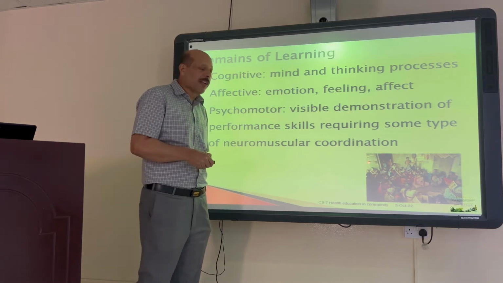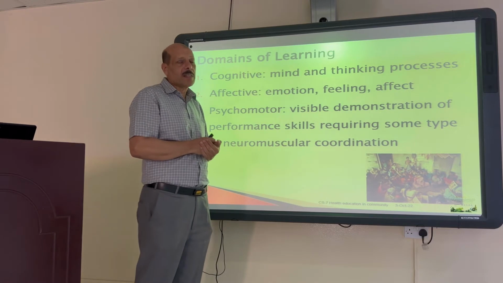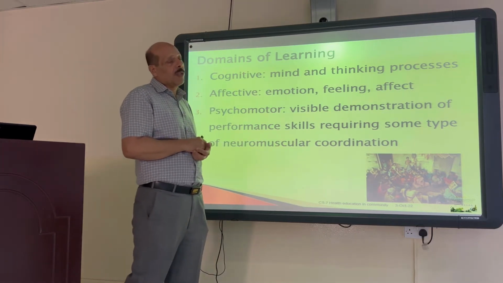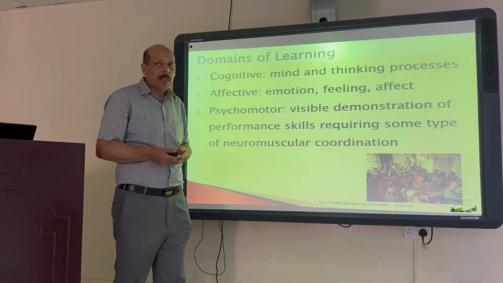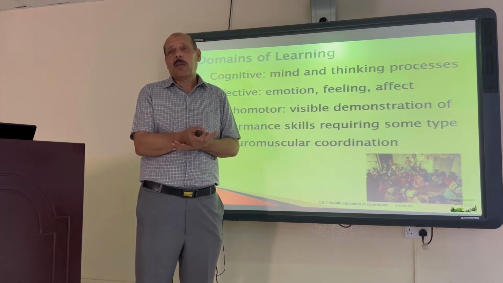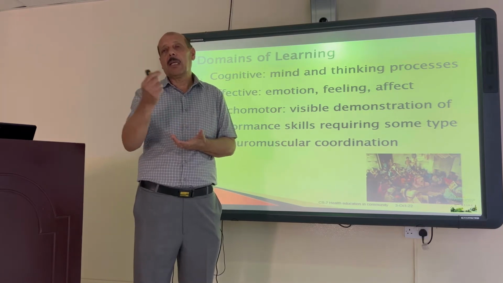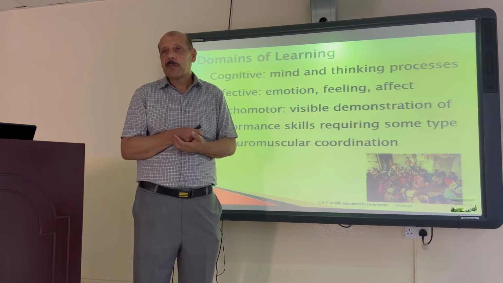So visible demonstration of performance of skill requires some type of neuromuscular coordination. So it needs the coordination of your muscles in order to do the procedure or to perform the skills. Like if you are teaching the client how to give themselves a self-insulin injection.